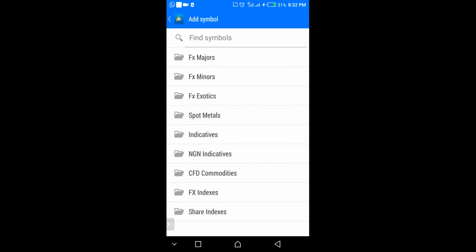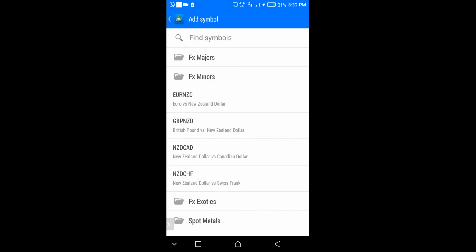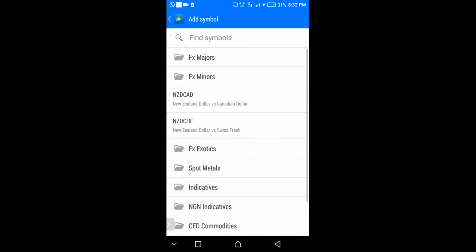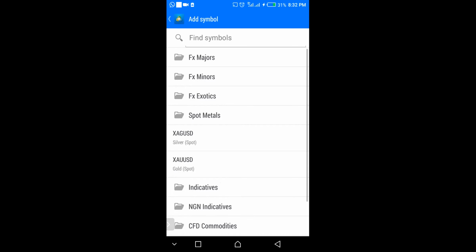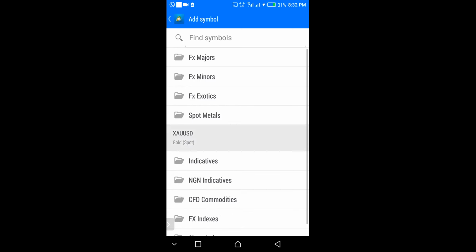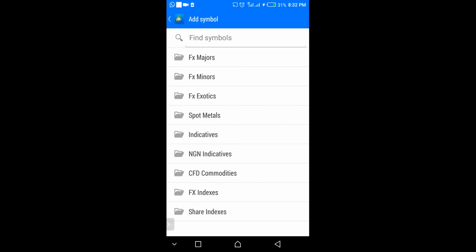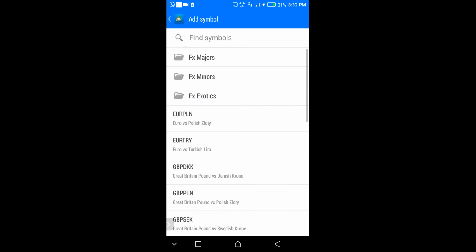Tap on FX minus. Tap them. Tap on spot metals. Tap them. Then go to FX exotic. Click on them.